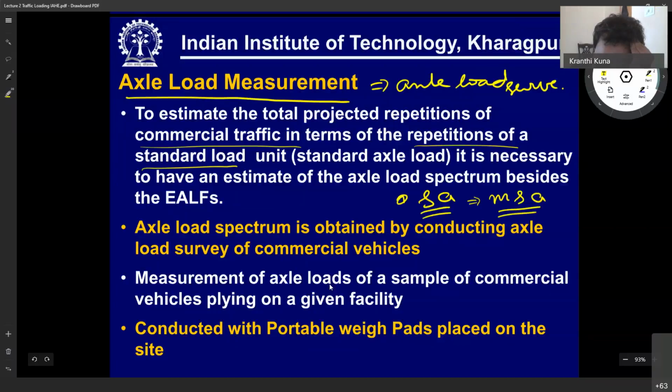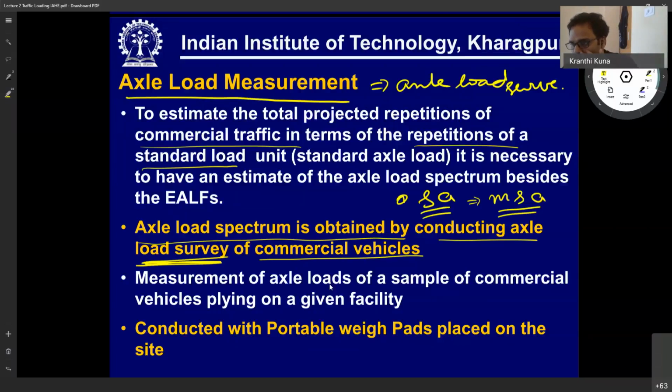What you have to do is, the axle load spectrum is obtained by conducting an axle load survey of commercial vehicles. Obviously you cannot carry out an axle load survey on each and every commercial vehicle. The axle load survey is basically that you have portable weighing pads and you randomly stop commercial vehicles and measure the front axle weight and rear axle weight.